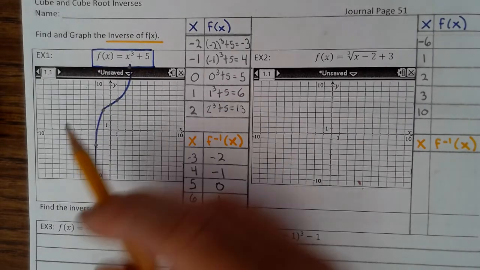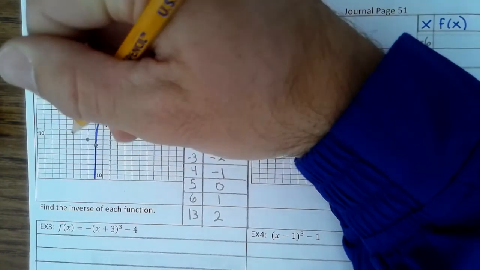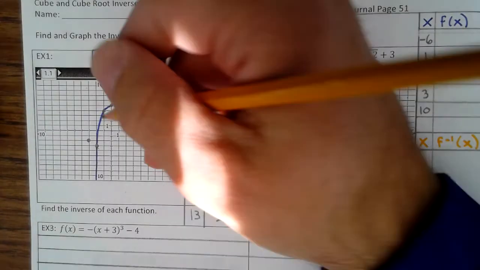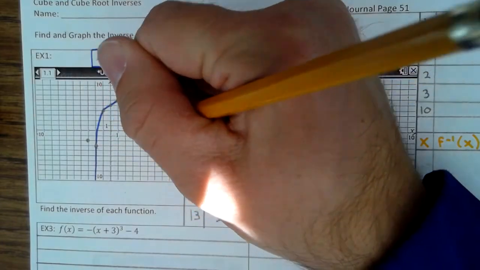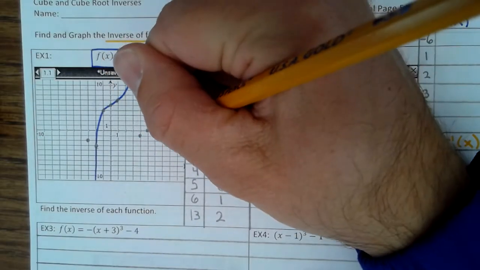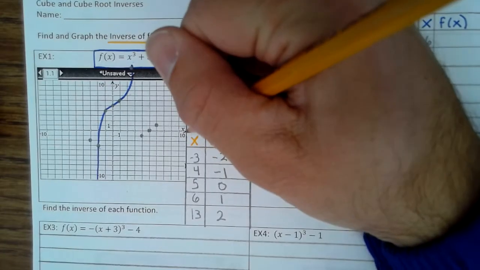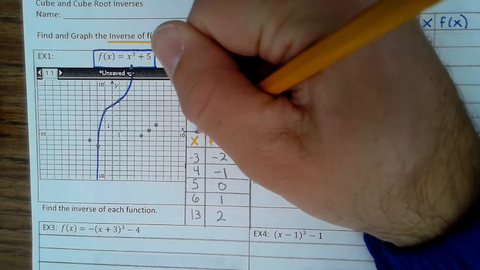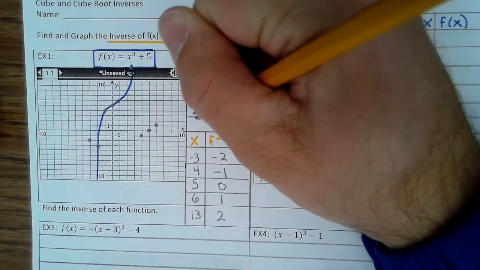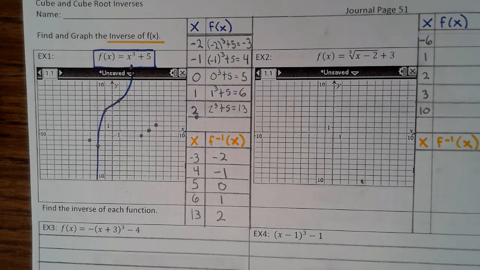So -3, -2. 4, -1. 5, 0. 6, 1. And 13, 2 is probably right there. Okay? All right?